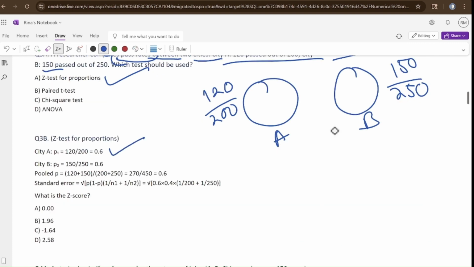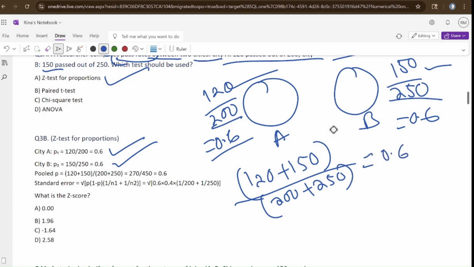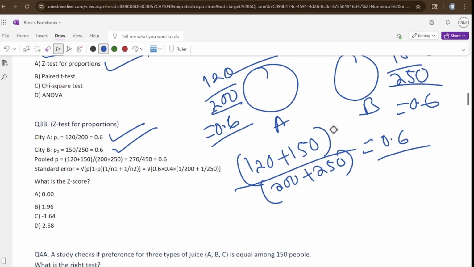For P1, 120 by 200 equals 0.6 pass rate. P2 is 0.6, same. Now pooled P is 120 plus 150, the total who have passed, among 200 plus 250, which equals 0.6. We have got P1, P2, and P. Now you have to calculate the standard error.